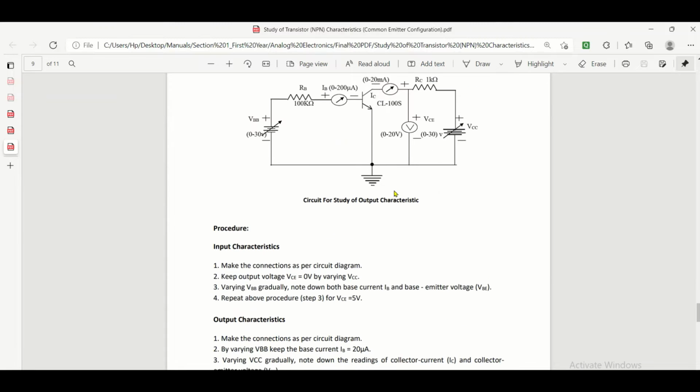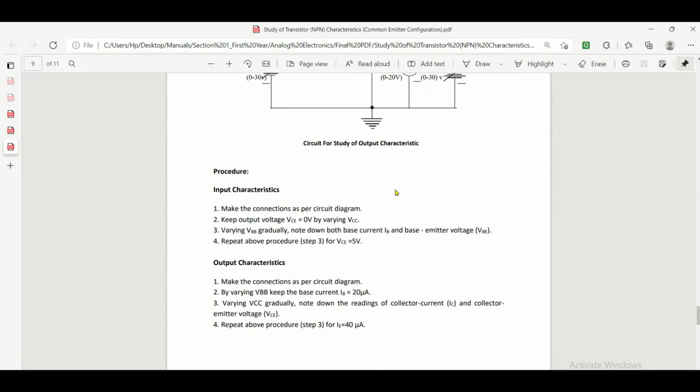Now remember that while performing these experiments you should be careful and sincere enough to take readings for different sets of values. So here you can see for input characteristics your initial set of readings is taken with VCE at 0 volt, and next you can again have a different set of readings with VCE at 5 volt.